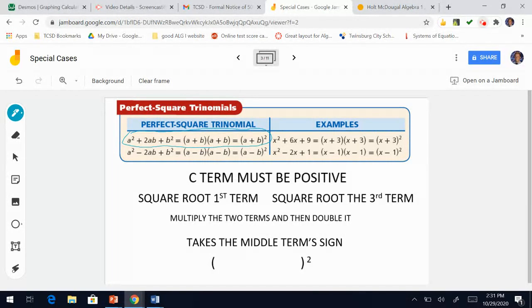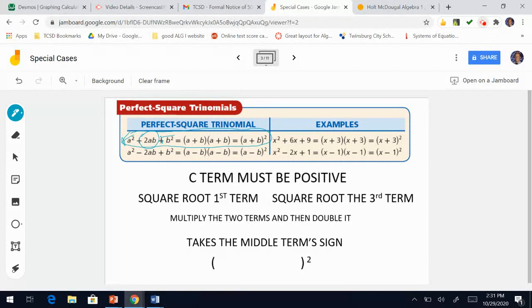So if you look, it has a squared on the left, b squared on the right, and in the middle, it says it's double a times b, all right? So what we're going to do is take the square root of these first and last terms, get that answer, and double it.